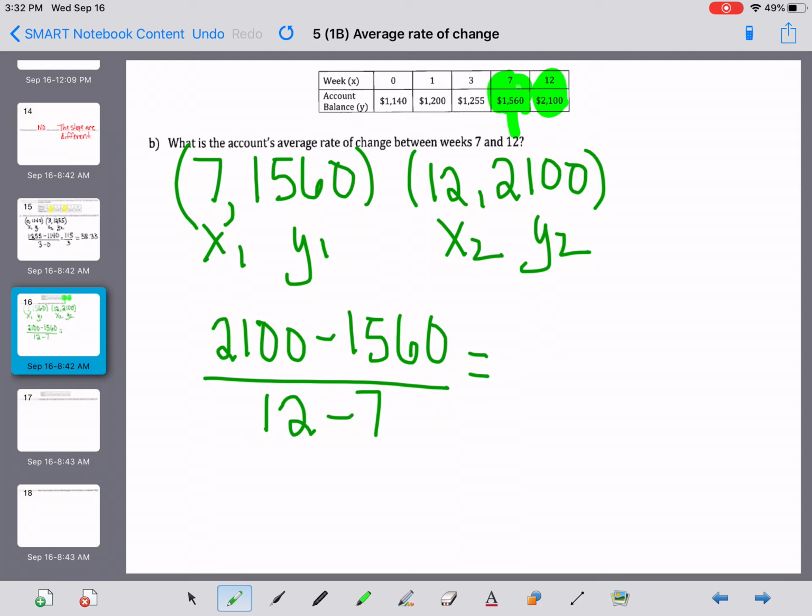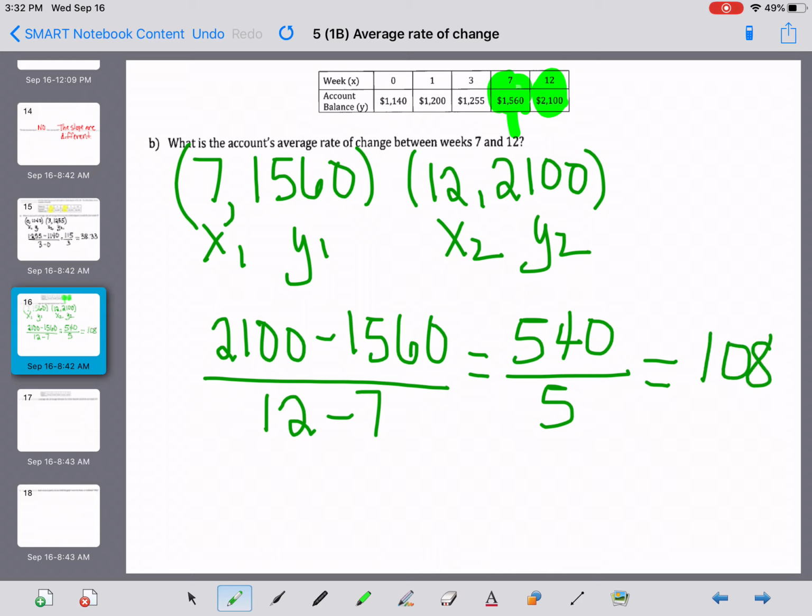I don't have the option of pulling up a calculator or Desmos on what I'm recording on, which is an iPad. So hopefully I've done my math correctly ahead of time, but when I calculated this out, I get 540 divided by 5, which is $108 for our average rate of change.